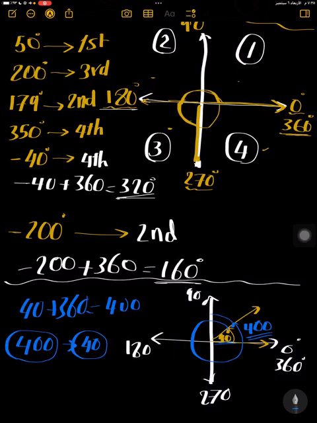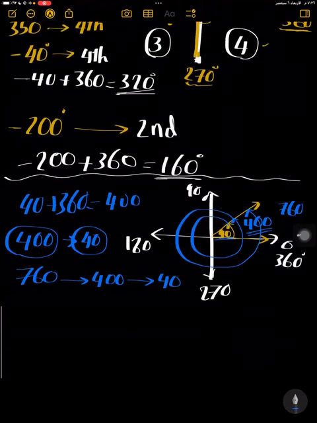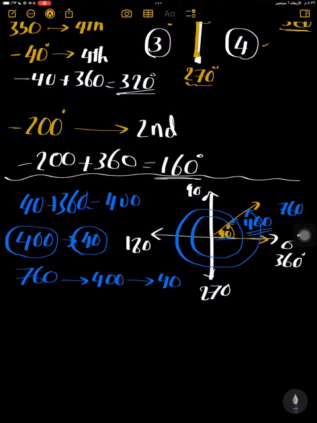If the terminal side makes another cycle again and stops at the same point, the measure of directed angle increases by 360. So the measure of directed angle will be 760. We can say that 760 is equivalent to 400 equivalent to 40. So to find the equivalent angle, we make plus 360 or minus 360.